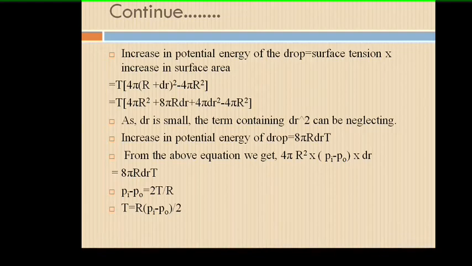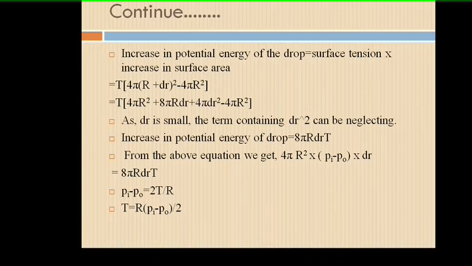So now we are going to equate the two equations, that is the increase in potential energy of the drop and the earlier equation, that is the work done by the excess pressure.